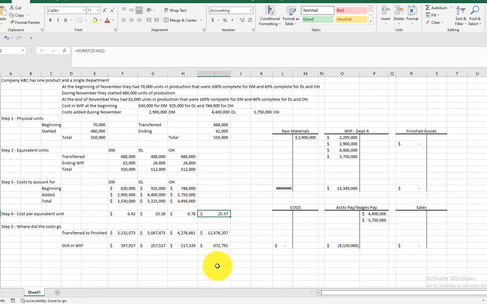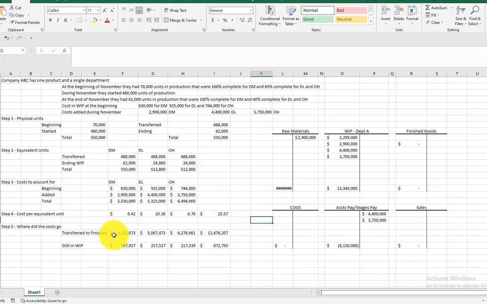We may have some rounding going on here. Okay. Sum them up, and you've got $25.57. So if I want to know what I'm going to transfer to finished goods, step 5, I take the transferred units times the cost per unit.